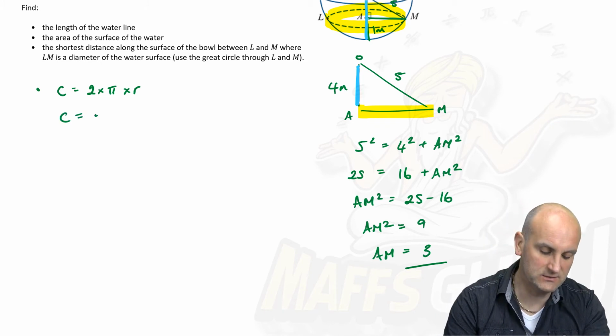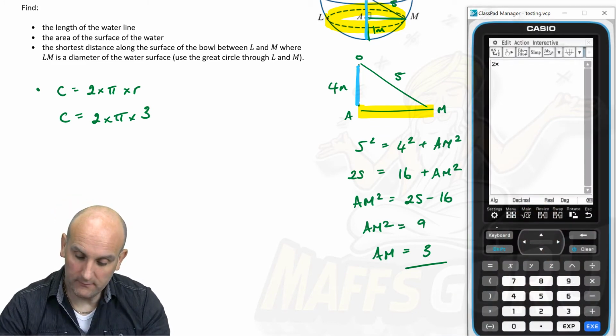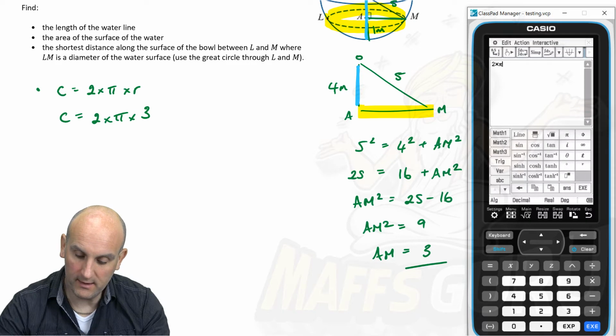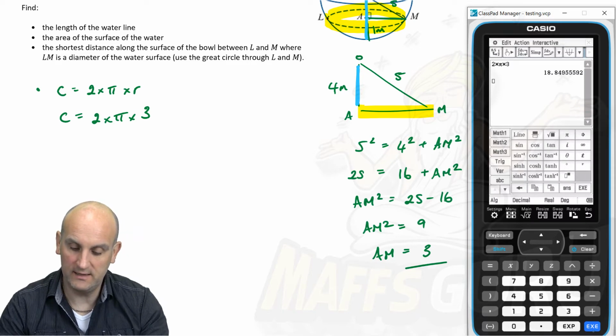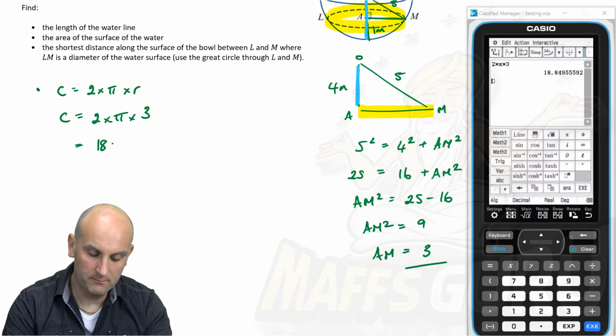So C now becomes equal to 2 times pi times the radius of 3. Firing up my calculator, 2 times pi times 3 gives me the fabulous value of, it doesn't actually say what to give it to, so we'll say 18.85 meters.